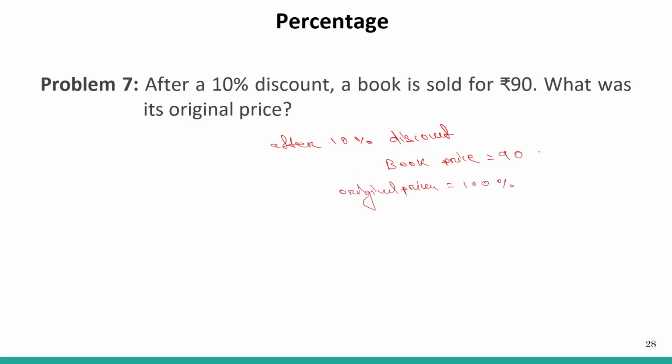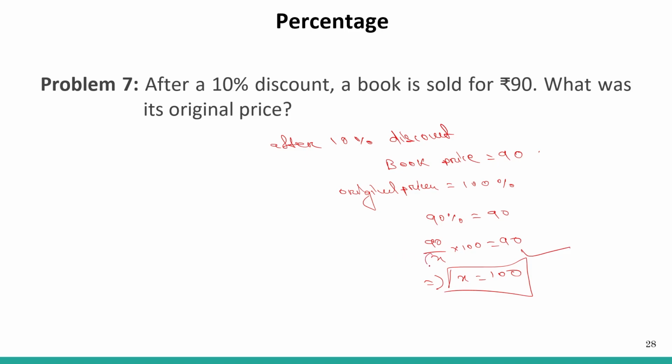Since 90% is equal to 90, let's say the original price is x, so 90 by x into 100 is equal to 90. This implies that x is equal to 100. So the original price is 100.